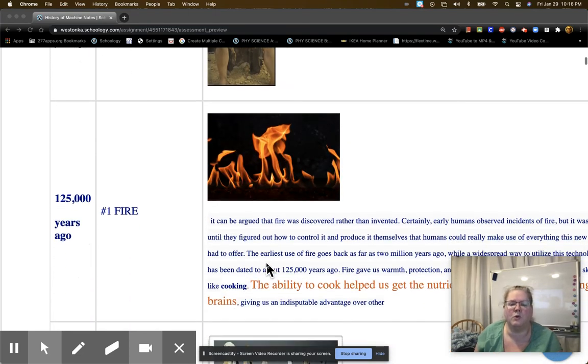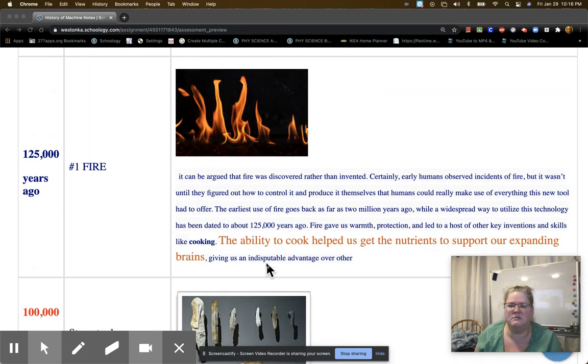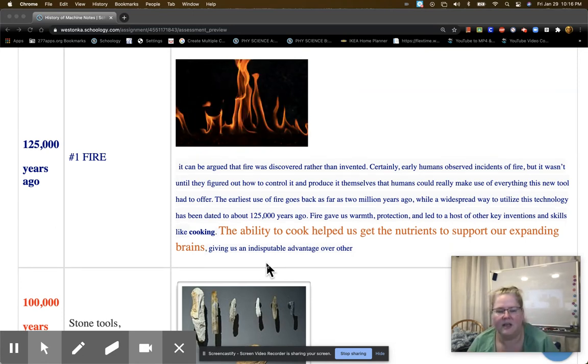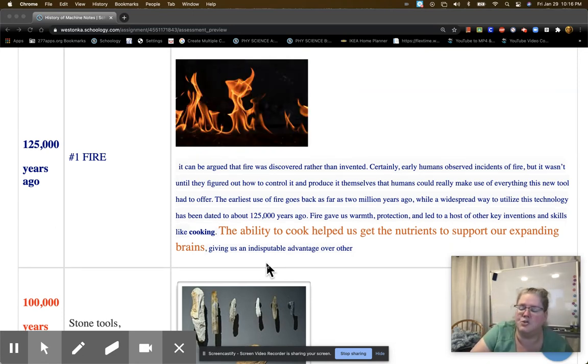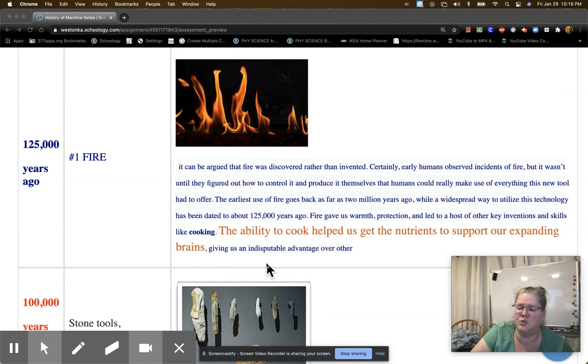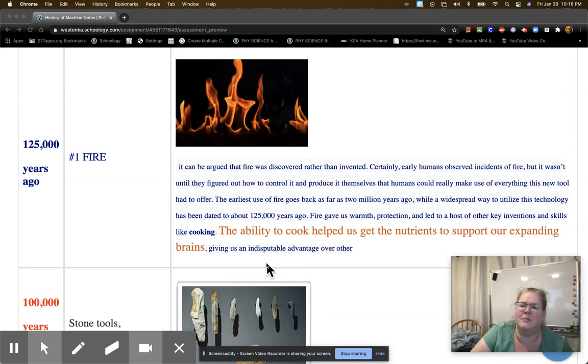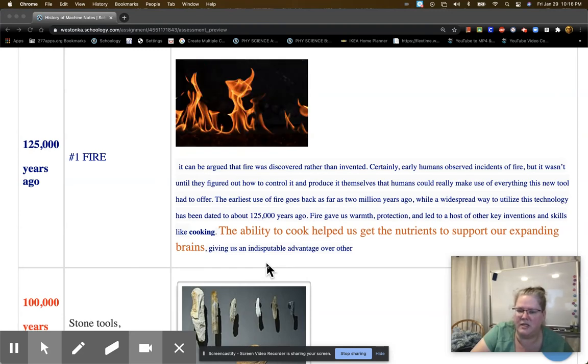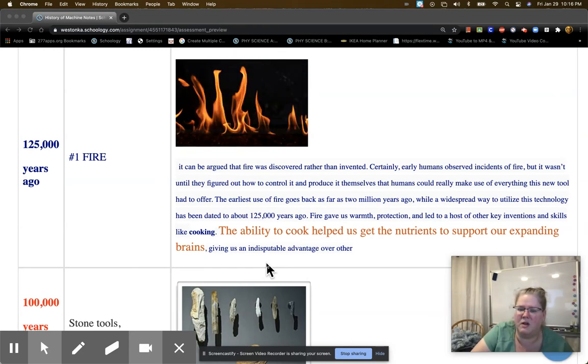The most important invention of all time isn't a simple machine, but it is the control of fire. To be able to control it, light it when you need it. It allowed us to make tools like flint and strike it to get a spark.